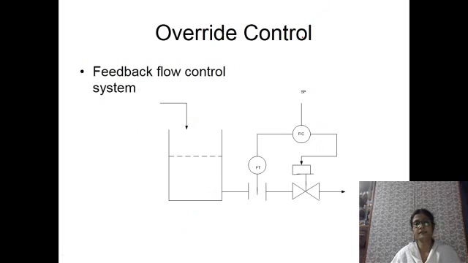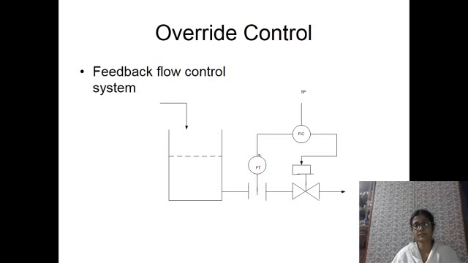And override control. Override means, say for a feedback control system, say this is the control scheme for an uncontrolled inflow system, and the output is a controlled flow system. How have we used the feedback control in order to maintain a constant fluid flow at the output? We measure the flow rate.